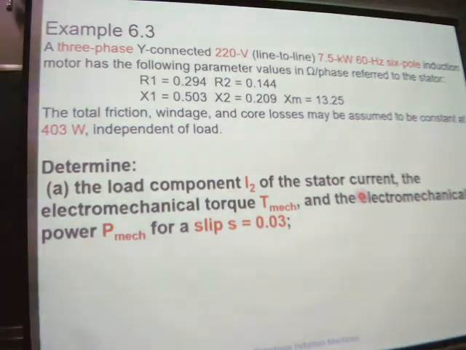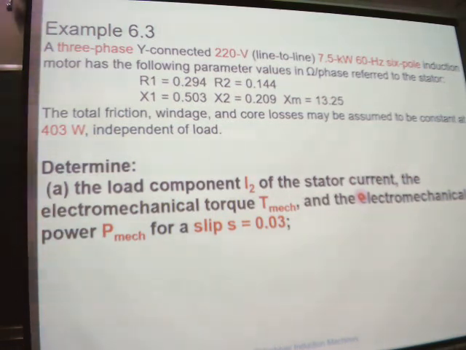Let's say it's a three-phase induction motor. It's the same as 6.2; the parameters are the same.